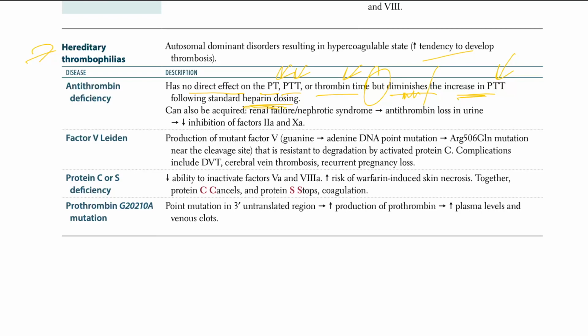Remember, heparin increases the activity of antithrombin, and that then works. But when we have antithrombin deficiency, you don't see any increase in PTT because you don't even have antithrombin. So you have a diminished increase in PTT following standard heparin dosing.